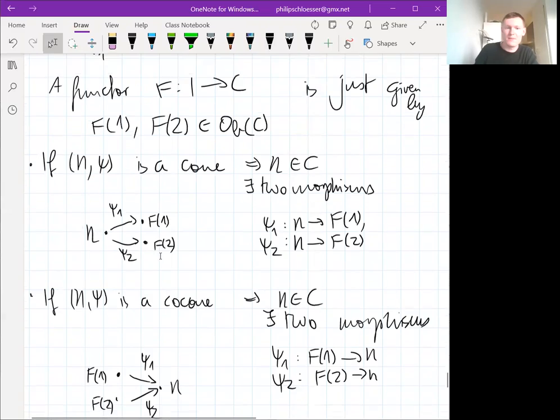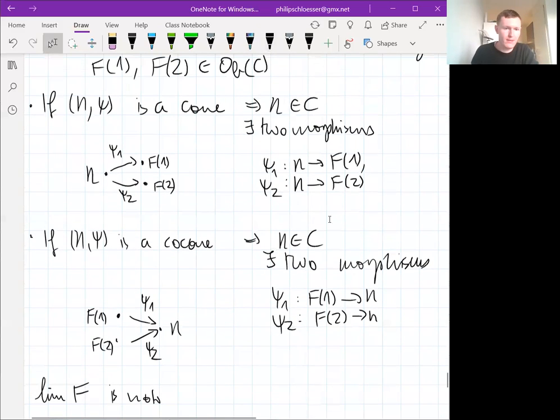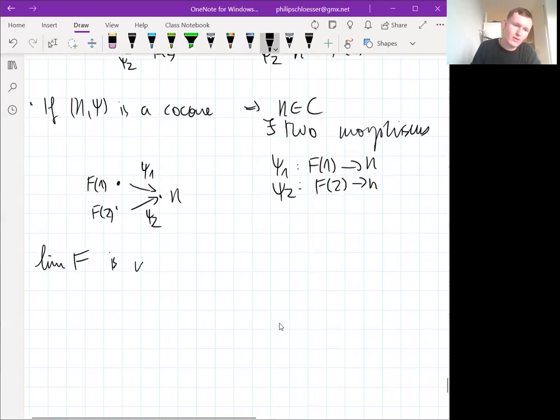So we have the limit of F. A limit is now a terminal cone.